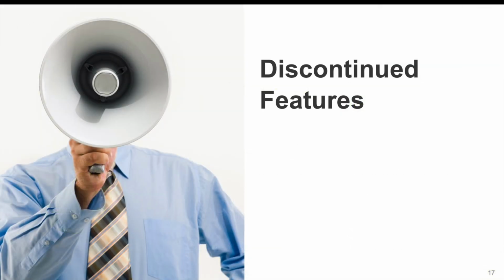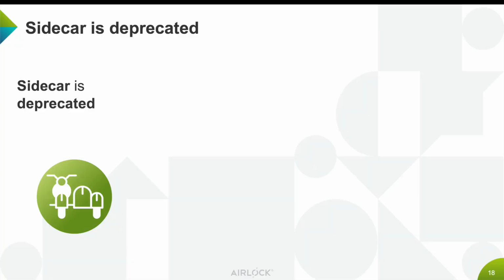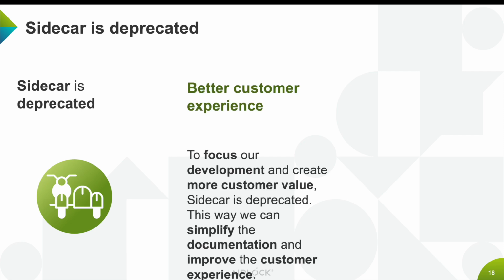There are some discontinued features I would like to mention. We decided to deprecate the sidecar mode with version 4.8. The reason is to focus our development and create more customer value.